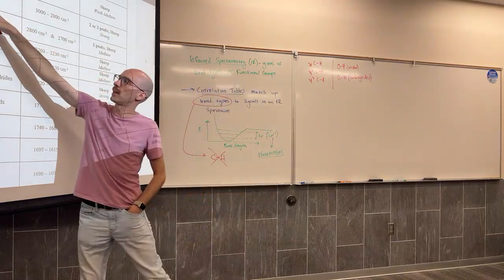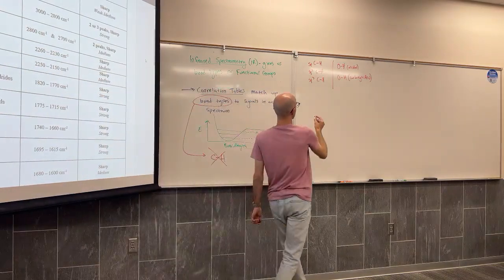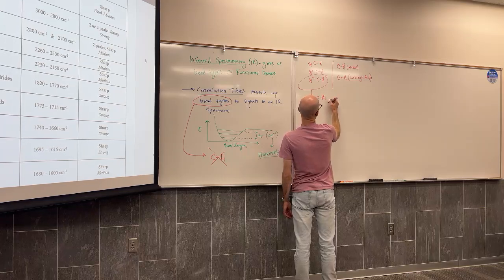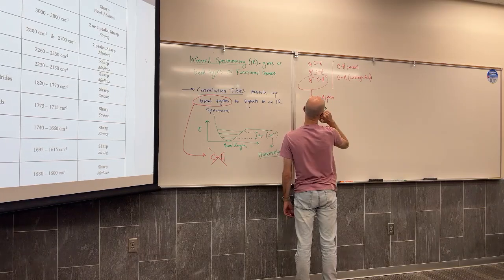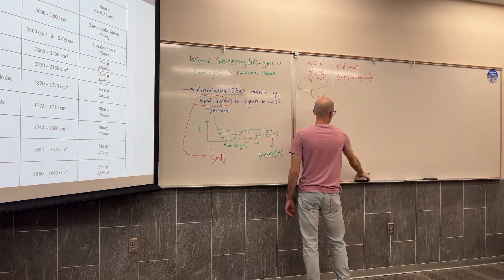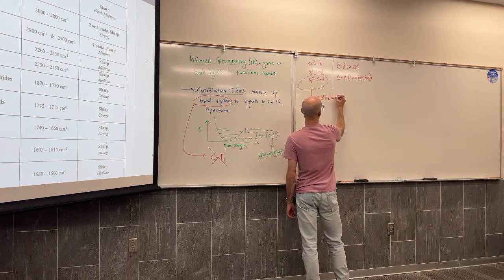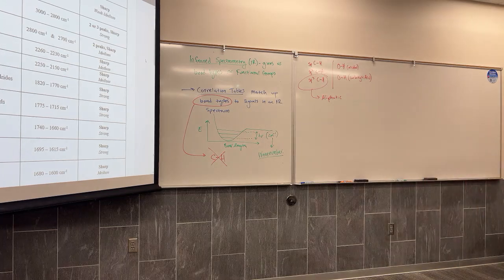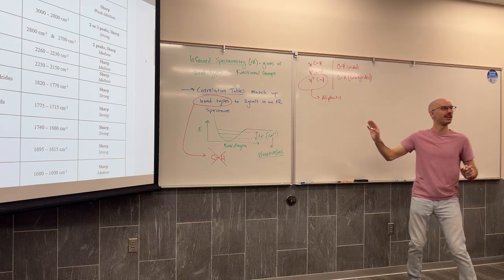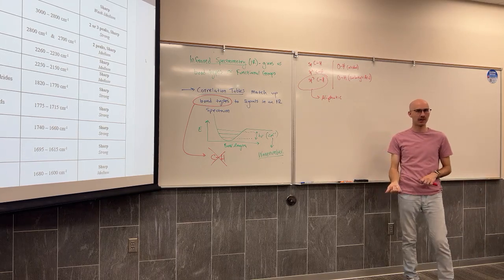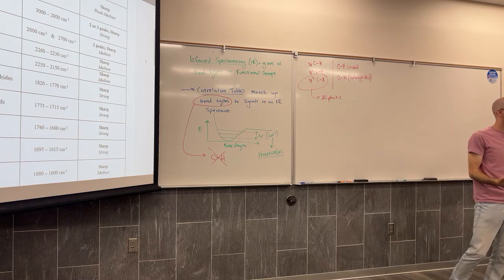So this word aliphatic, that's what we give to this sp3 CH. Aliphatic, maybe we can say it this way. All alkanes are aliphatic bonds, but not all aliphatic bonds are alkane bonds.